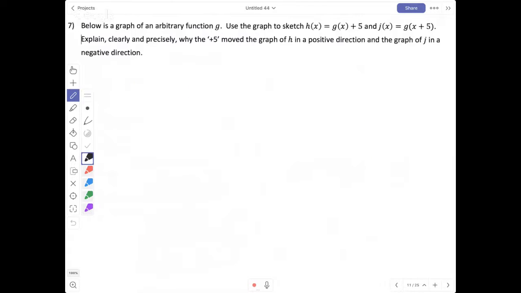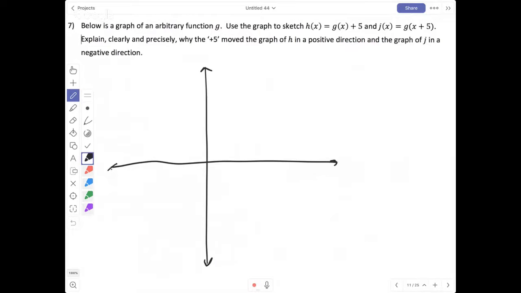Below is a graph of an arbitrary function, g. Well, I didn't give you a graph, so let's go ahead and make one. An arbitrary function, g. I'm going to make g in blue, and g is going to look like that. Beautiful.